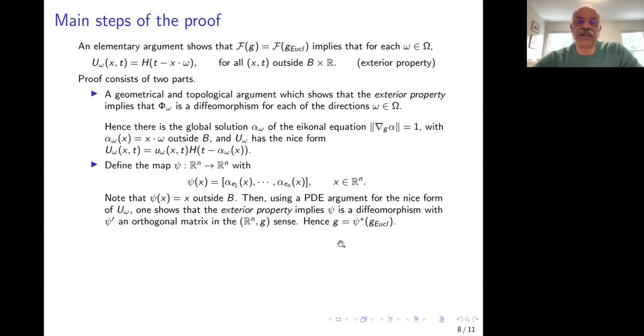G is equal to the Euclidean metric up to a diffeomorphism, the diffeomorphism being psi. So the diffeomorphism is constructed by using these global solutions of the eigenvalue equation.